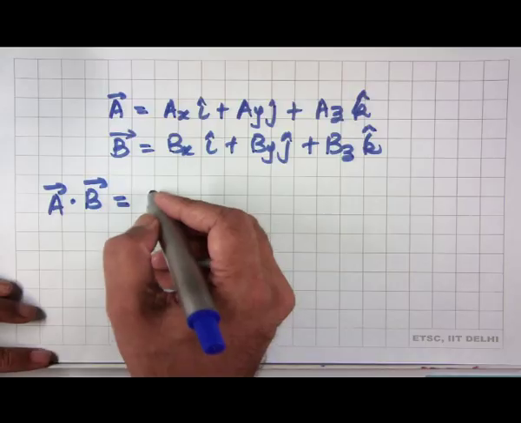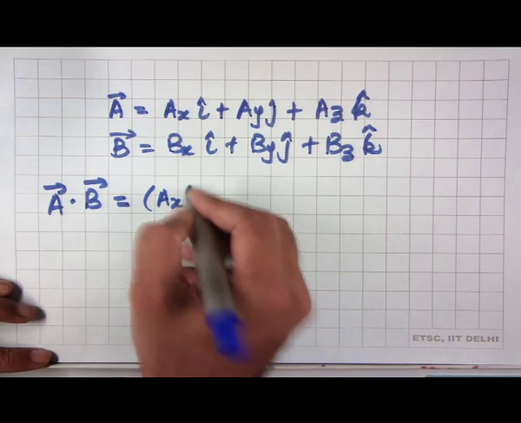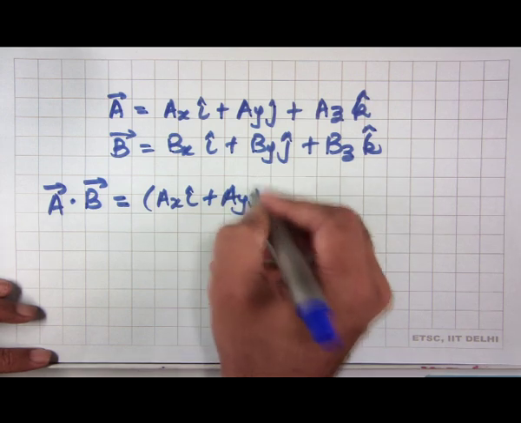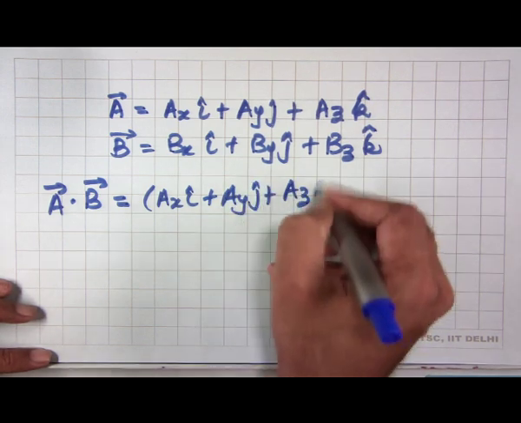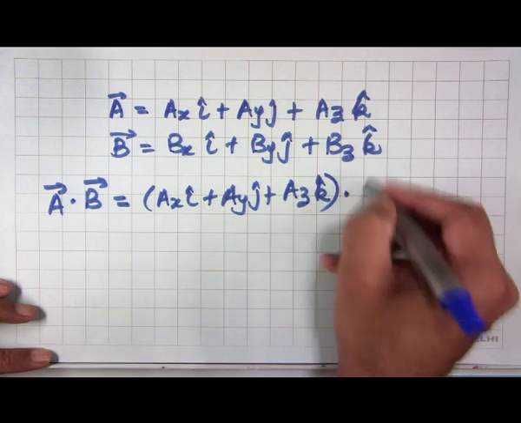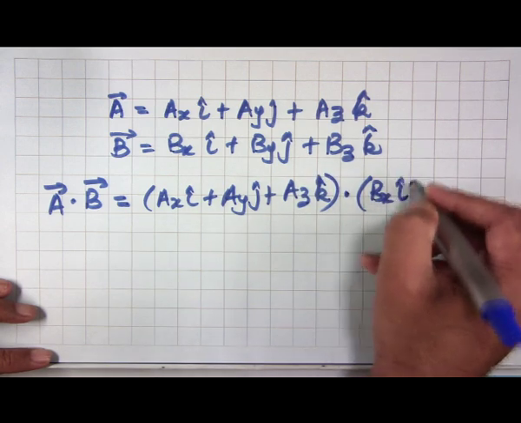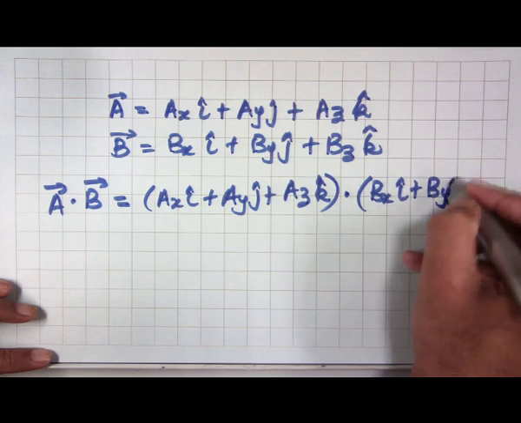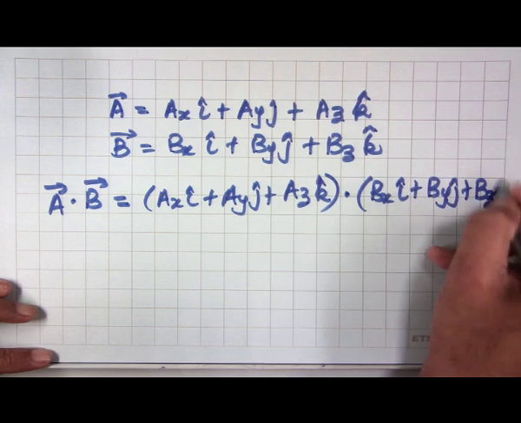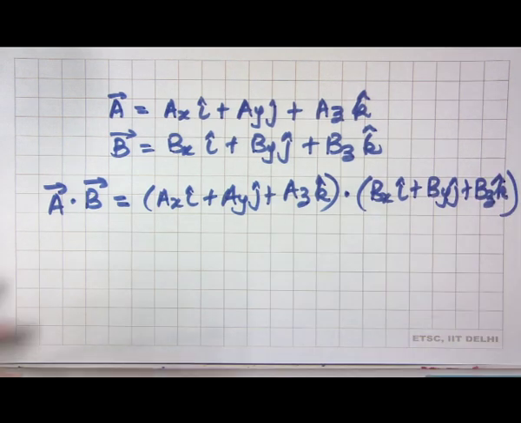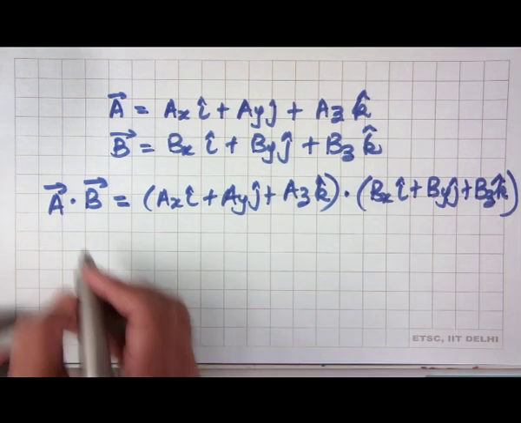So this will be equal to AX i plus AY j plus AZ k dotted with BX i plus BY j plus BZ k. Now we expand each of these terms.